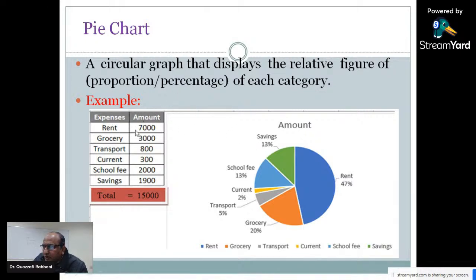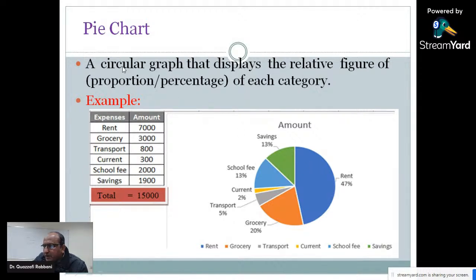For example, you have the amount 15,000 and this amount is distributed among rent, grocery, transport, current, school fee. Obviously this is nominal scale data, categorical data, and this data can be represented by the pie chart.